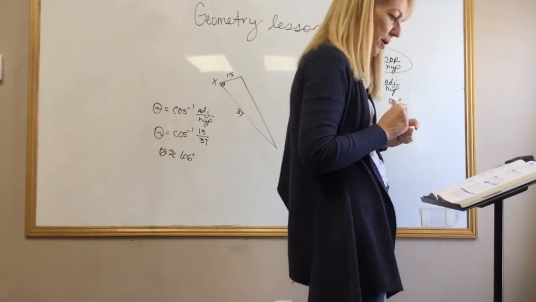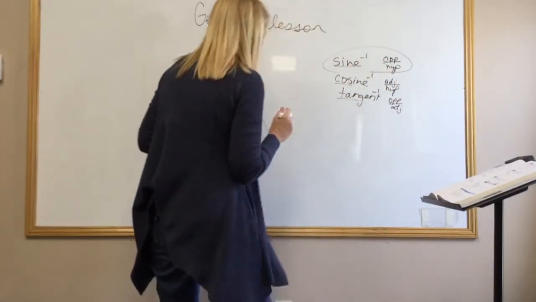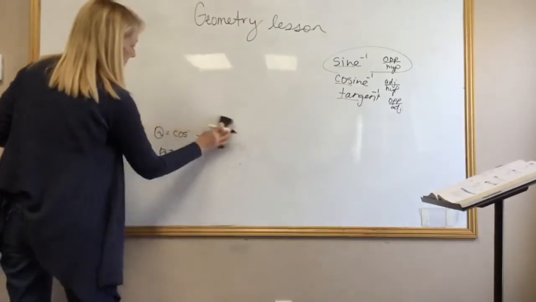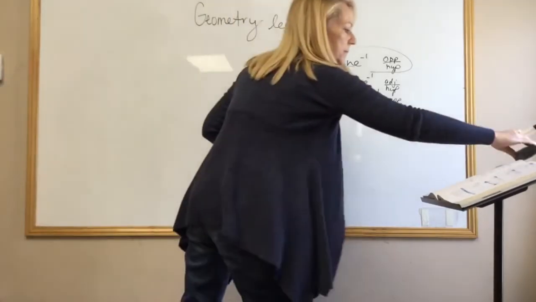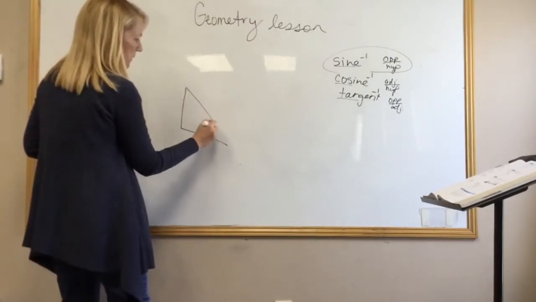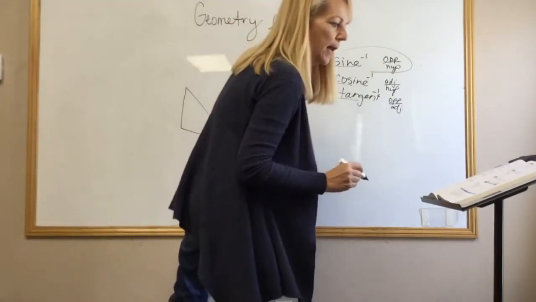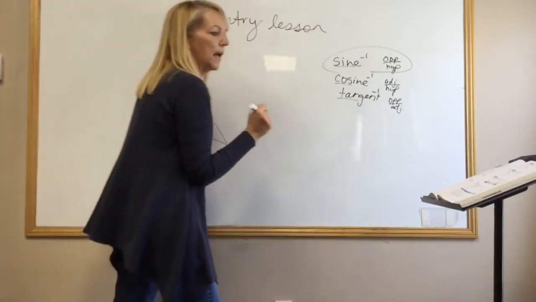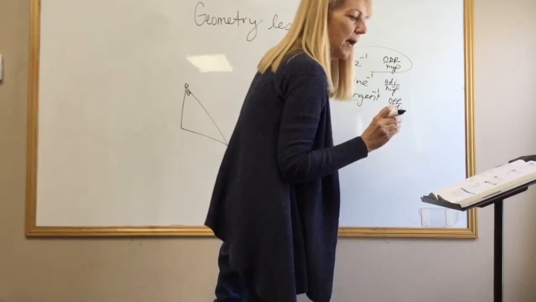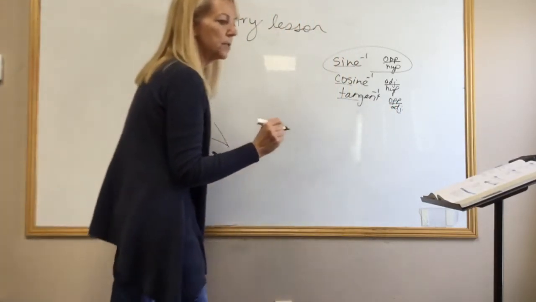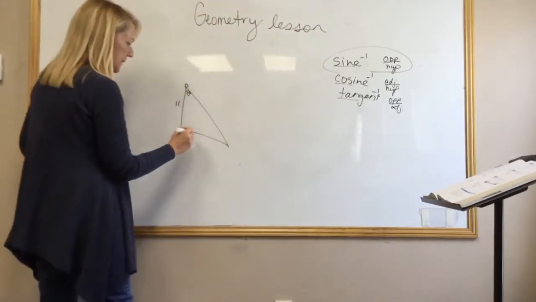Let's do one more. So I have another right triangle. This one, it's like that. And I'm looking for this angle right here. They labeled it D. And the lengths of the sides they gave me were right here, 11, and right here, 16.